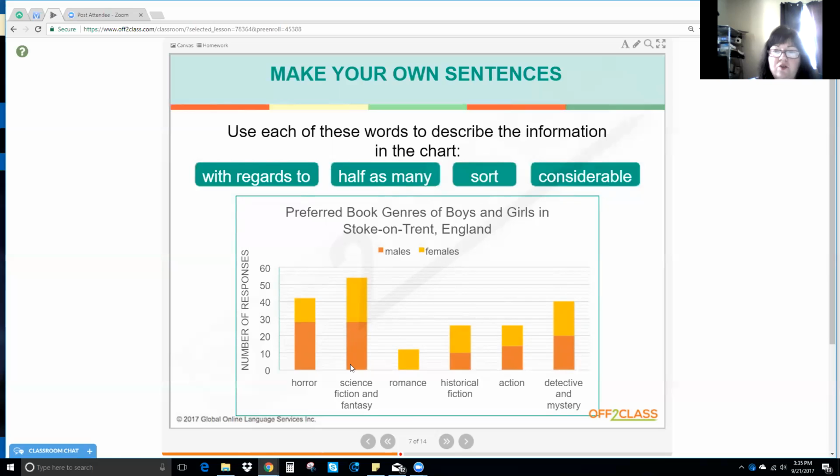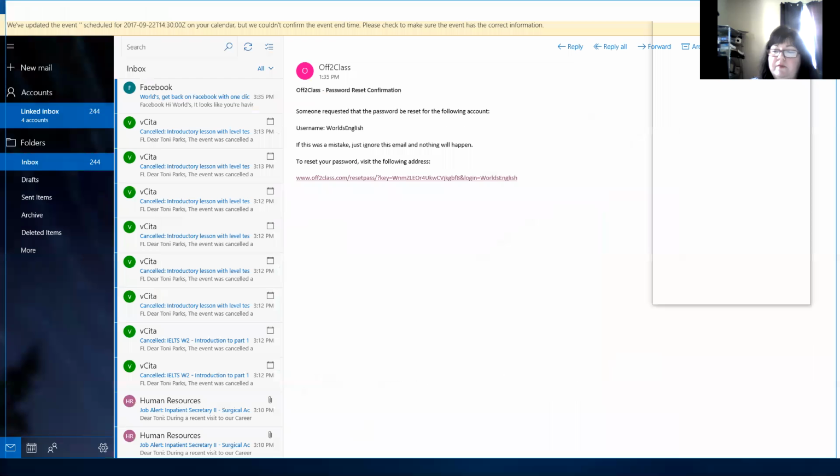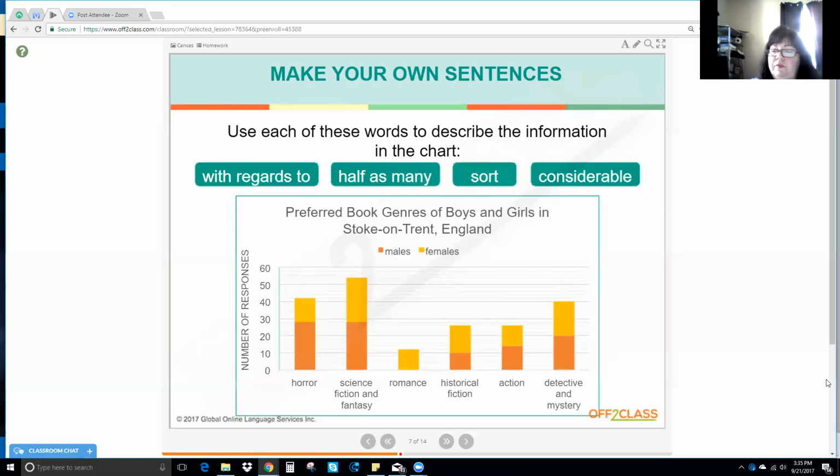However, we can see that twice as many girls approximately answered the survey. So there is a considerable difference in the number of responses received from females versus males.